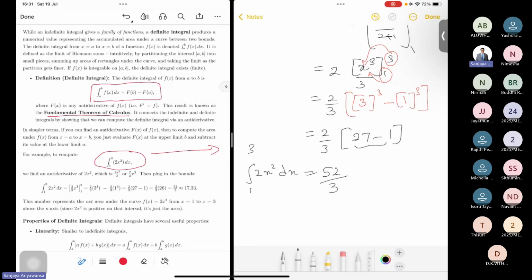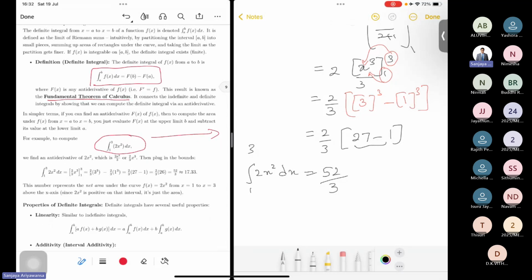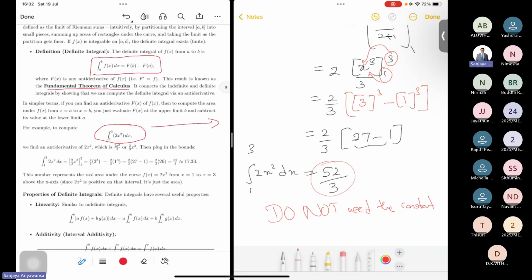But here you have a definite integral with an upper bound and a lower bound. Therefore, in these kinds of problems, you do not need the constant because a definite integral gives you an exact value.